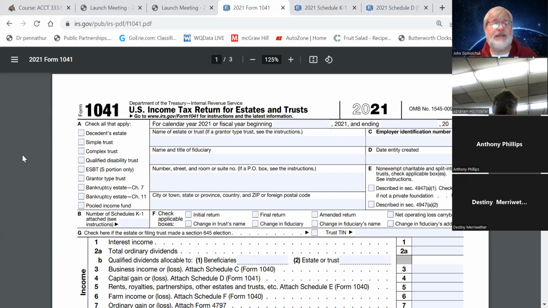At the beginning of Form 1041, I showed you that we have a multitude of different types of entities that use this form. The first one is decedent's estate. The second one is simple trust. The third one is complex trust. And then if you skip down a couple more, you're going to get to grantor type trust.